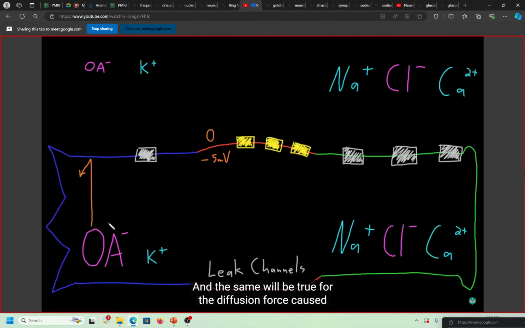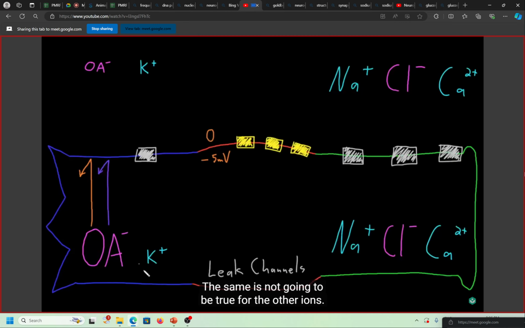The same will be true for the diffusion force caused by the higher concentration of organic anions inside the neuron compared to outside the neuron. Even though these electrochemical driving forces are trying to make the organic anions leave, they can't get past the neuron membrane, so they're trapped inside the neuron. So no changes will happen to the concentrations of the organic anions, and no further changes will happen to the membrane potential at this imaginary step.